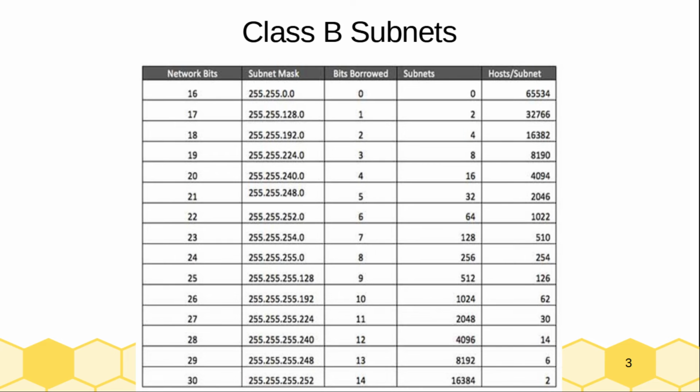If there are 17 network bits, the subnet mask will be 255.255.128.0 and the bits borrowed will be 1. With 1 bit borrowed, 2 power 1 gives 2 networks, and for the remaining hosts we calculate 2 power host bits minus 2, which gives 32,766. Here the host bits are also known as off bits, and the network bits are also known as on bits.